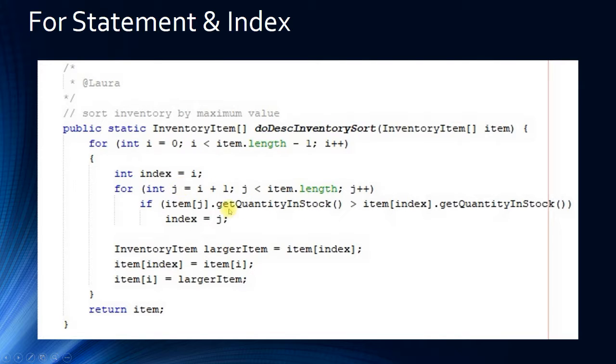And if the inner loop item's quantity in stock is greater than the outer loop's, then I set the index value to J, and then when I'm done with that, I set the largest item to the index here.